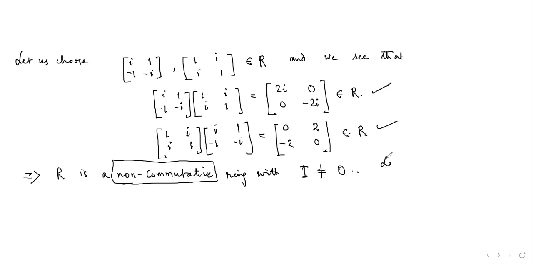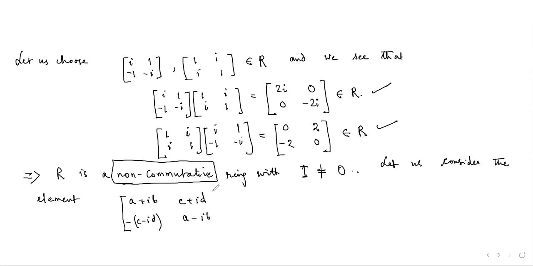Now let us consider the element [A plus iB, C plus iD; minus of C minus iD, A minus iB]. Let us consider this element, and this element is a non-zero element.